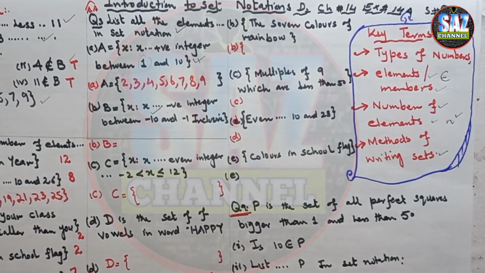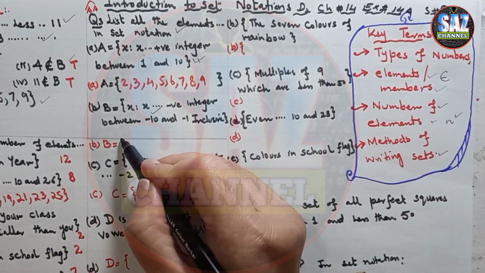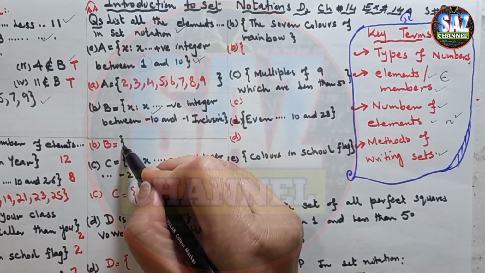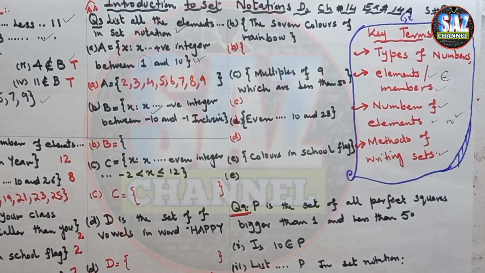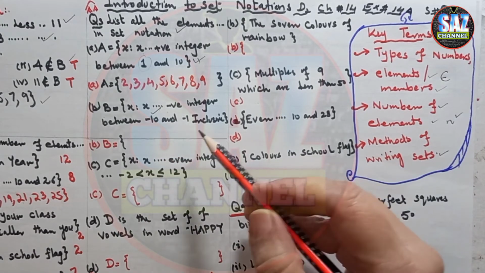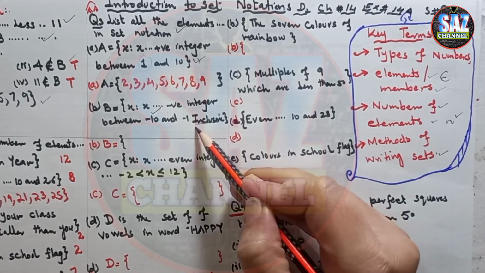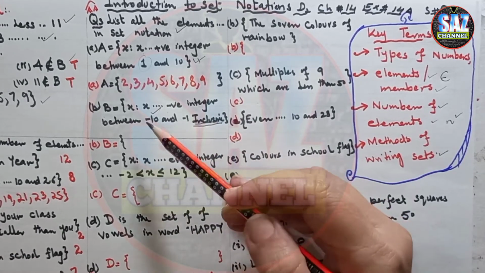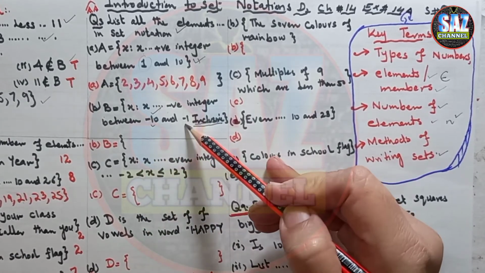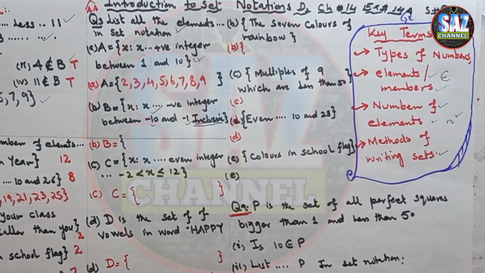So what we have to do in order to write set B, I have to write the negative integers between -10 and -1, and here the important word is inclusive. So that's why I have to write -10 and -1 both in this set.